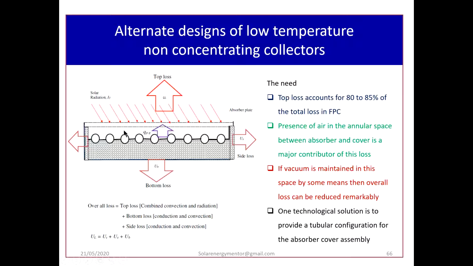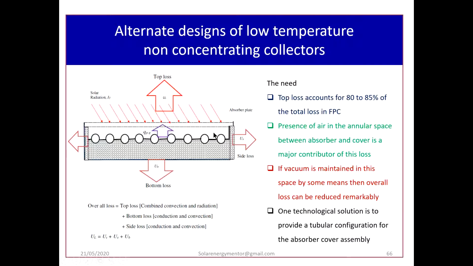So there is a convective heat loss coefficient involved in this. This convective heat loss is due to the presence of air in between the cover and the plate. This is called the annular space. The presence of air in the annular space between absorber and cover is a major contributor of this loss.